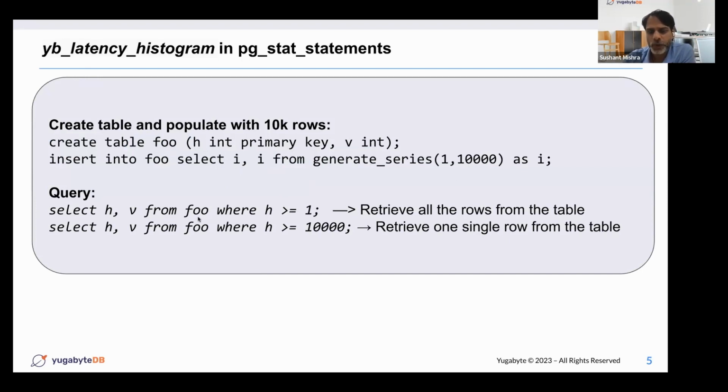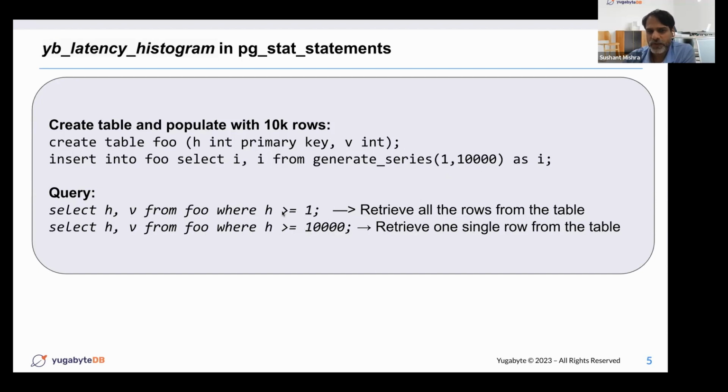Now we execute two specific queries on this table, where we select H comma V, where H is greater or equal to 1. So the interesting bit is we retrieve all the rows from the table in this particular query. And then we execute the same flavor of the query where H is greater or equal to 10,000, where we retrieve only one single row from the table.